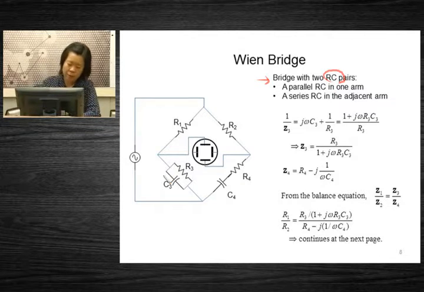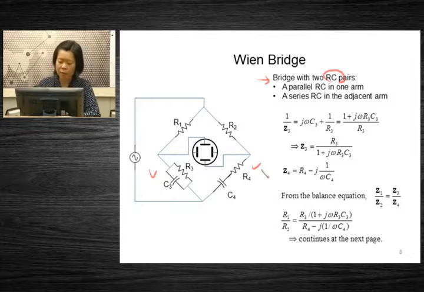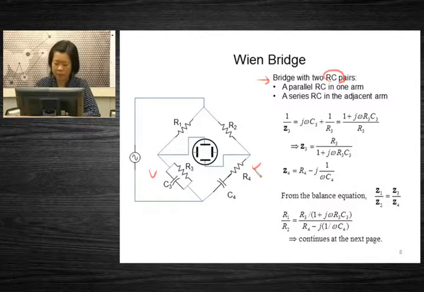In one arm, resistance and capacitance are connected in parallel. On the other side, resistance and capacitor are connected in series. So it has both parallel and series RCs. Now, what happens to the impedance?